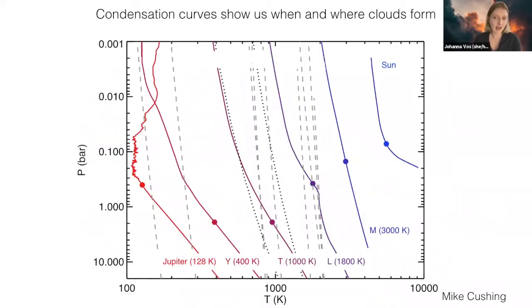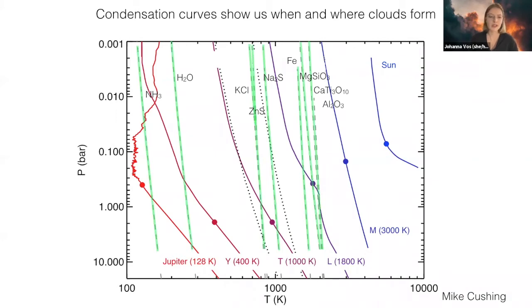The second thing that happens in a cold atmosphere is that you start to get clouds forming. So in this plot, I'm showing you the pressure temperature profiles of some brown dwarfs of various temperatures, as well as Jupiter on the left and the sun on the very right. If you're looking down into an atmosphere, you're looking down into higher pressures, and to the right to higher temperatures. So that's why they all have that similar shape.